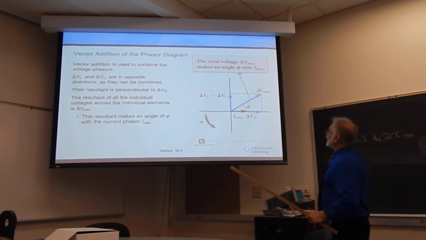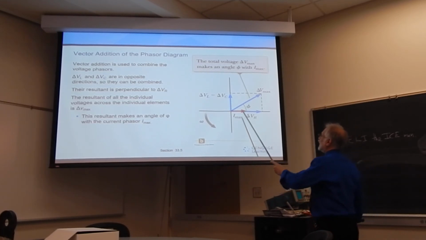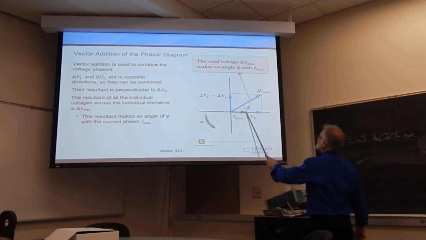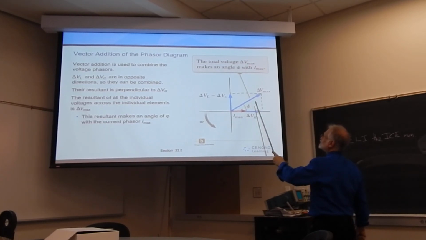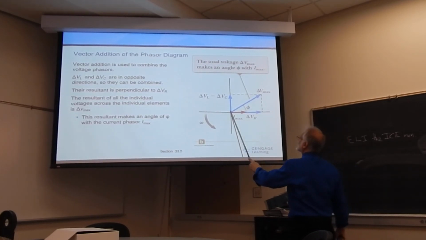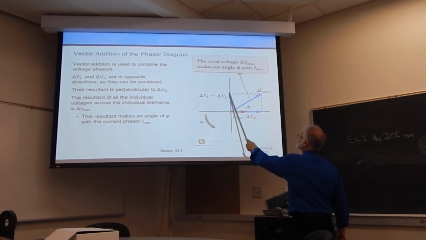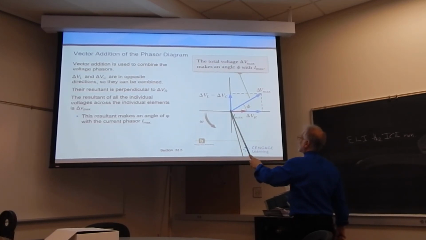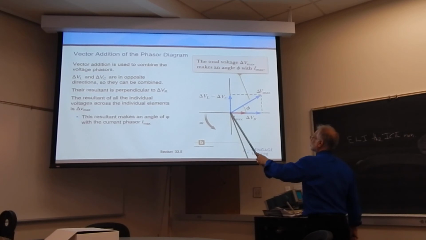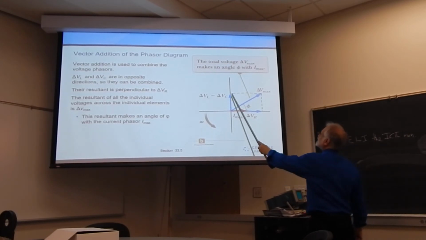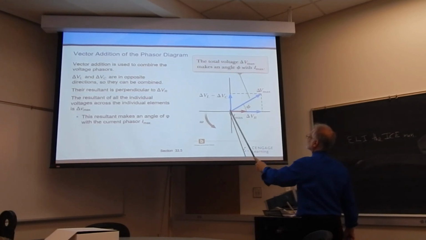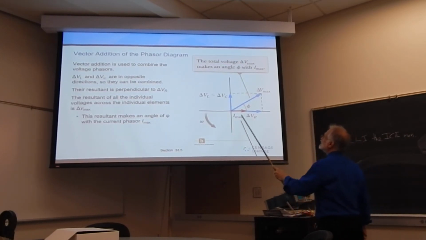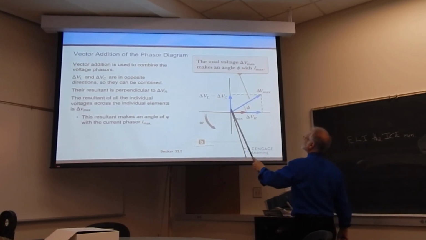We do it the following way. I plot the voltage across the resistor along the x-axis. I plot the voltage across the inductor along the positive y-axis, and the voltage across the capacitor along the negative y-axis. I take the difference of these two voltages, voltage across the inductor minus voltage across the capacitor, to come up with one of my phasors here.